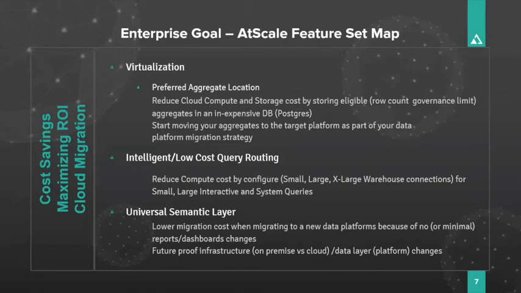So how does AtScale help with cost? Again, virtualization, preferred aggregate location. Now think of a scenario where you have migrated all your data to Snowflake. Snowflake is going to charge you for storage and compute, and the elasticity of Snowflake is good.